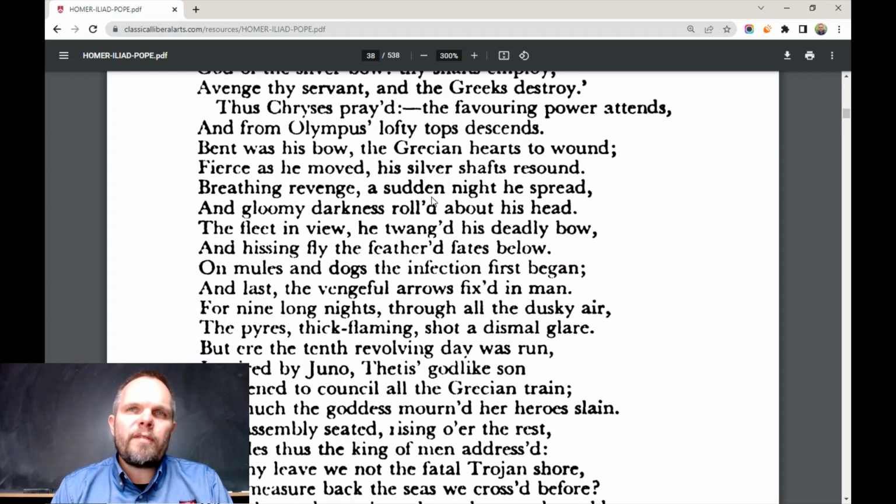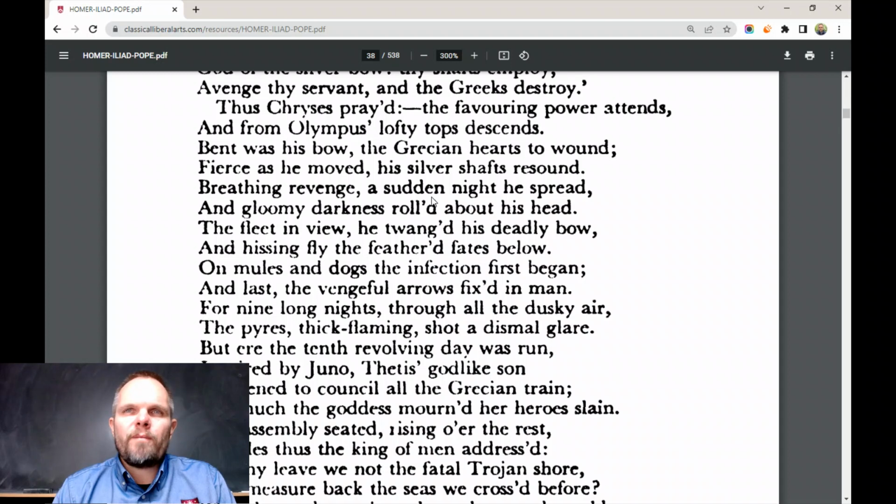And with the fleet in view, with all of the soldiers, all of their ships, remember they're on the shore, all of their ships are anchored at the shore, and all the men are on the coast. With the fleet in view, he twanged his deadly bow. That is, he fired the arrow, and the twang of the string was sounded as he fired.